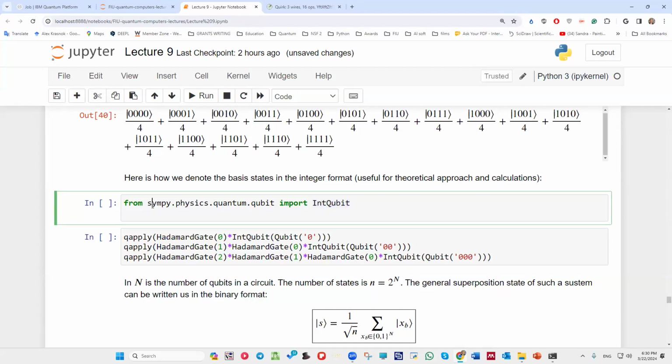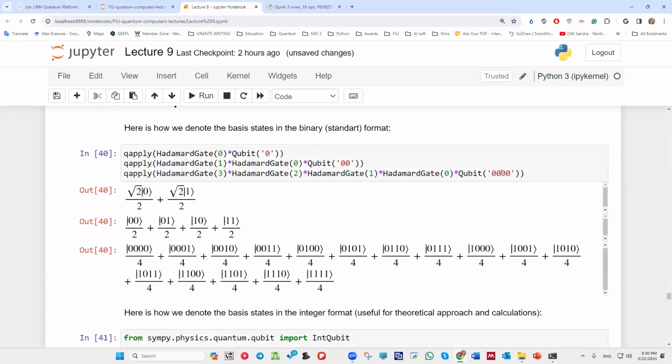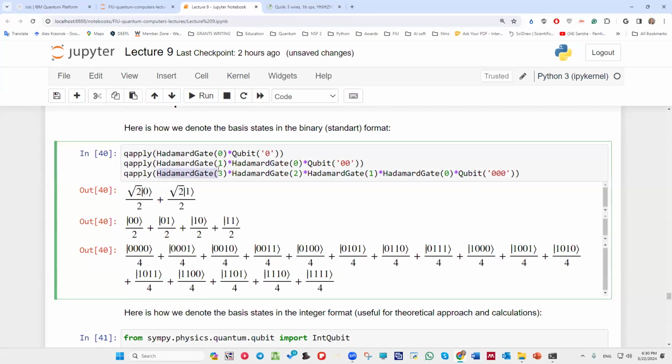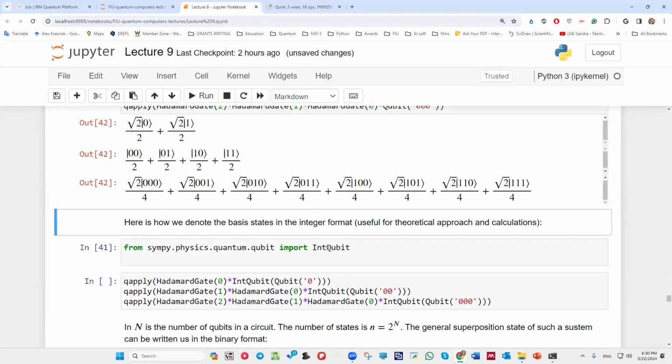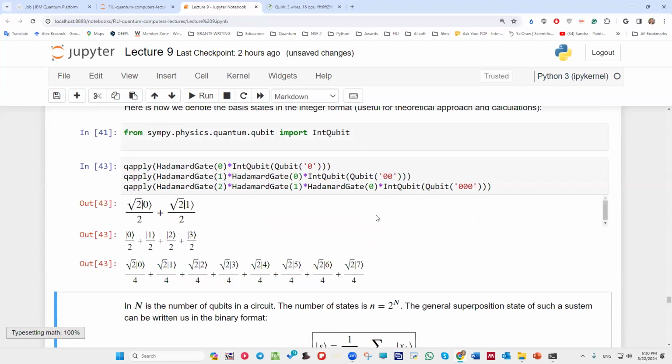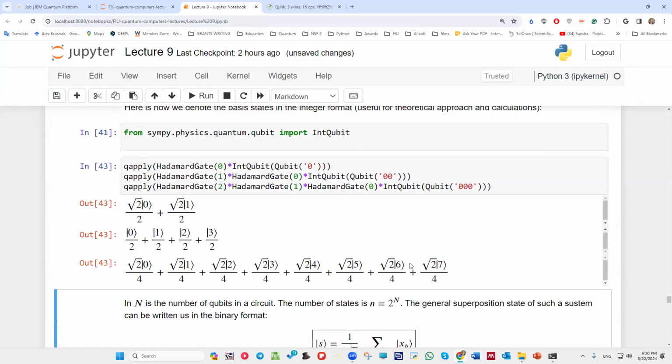So for example, from SymPy Quantum, you can import this integer qubit operation, and the same part like this can now be written in a more appropriate way in the integer format, right?